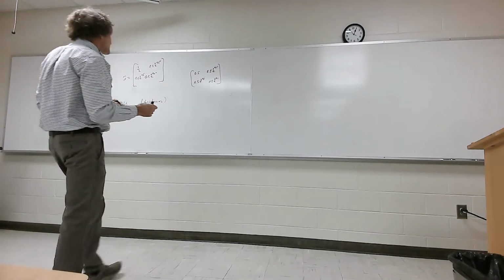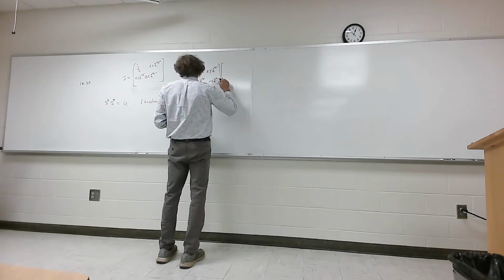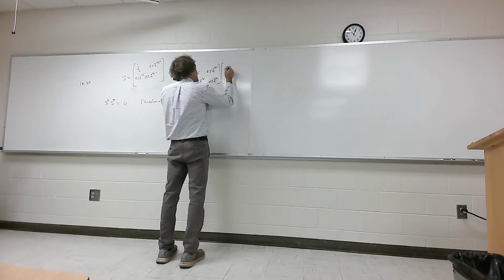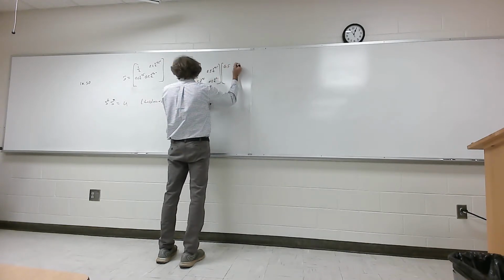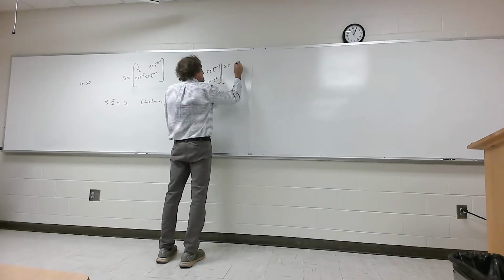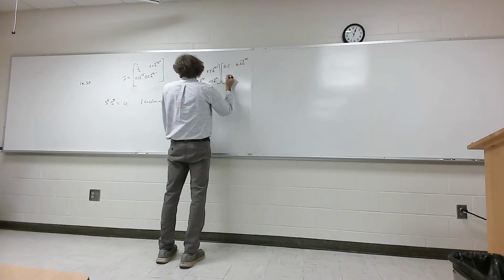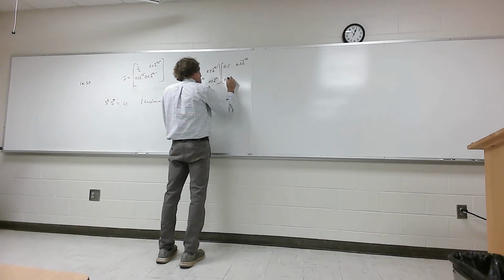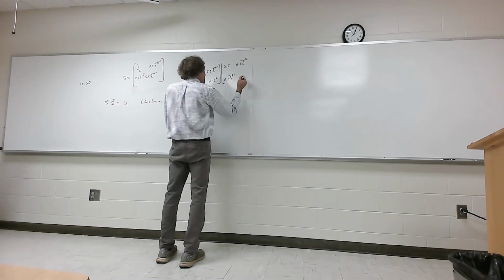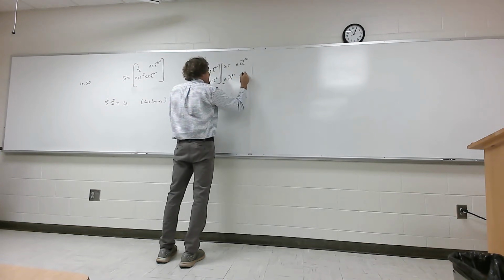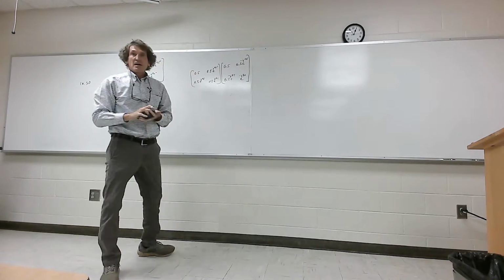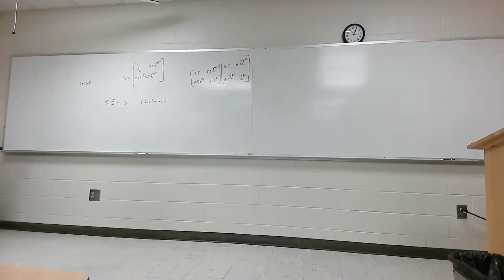So if we take this and do the conjugate of it, this becomes 0.5 e to the minus j 45, this is going to be 0.5 e to the minus j 45, and this is going to be e to the minus j 90. Y'all follow me, class? I'm just putting it down. I'm going to see if when I multiply that out, I get the unitary, if I just get ones in the diagonal. So let's see if we do.